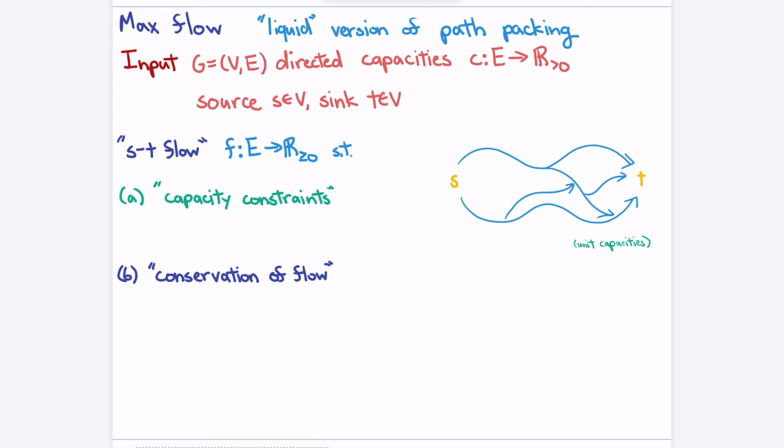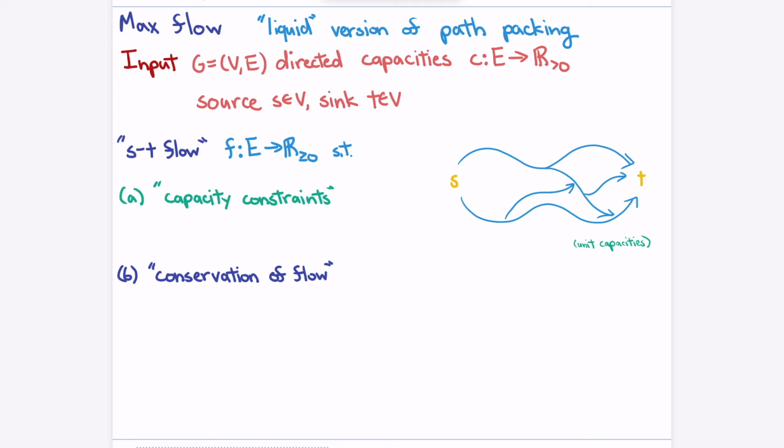Sure, just any equation. The sum of all capacities should be less than something. So it's going to be something like that. We want to do less than or equal. That's what I'm looking for.